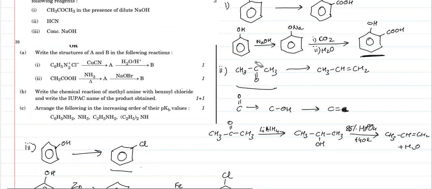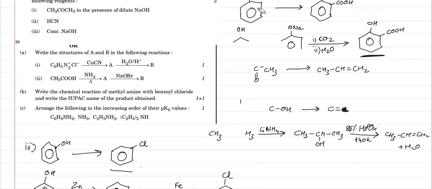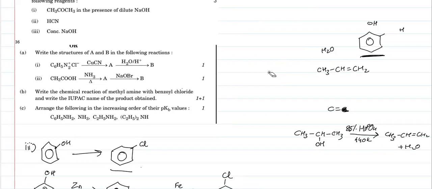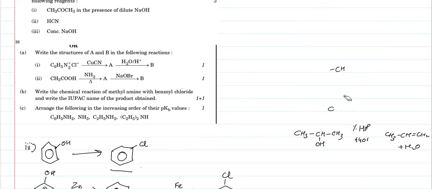Let me first erase all of this. I feel like if you have a basic idea regarding the various chemical reactions, and if you are confident enough to remember all of them, you should be able to solve all of this on your own. And even if it seems slightly difficult, you can just recollect, you will be able to remember.